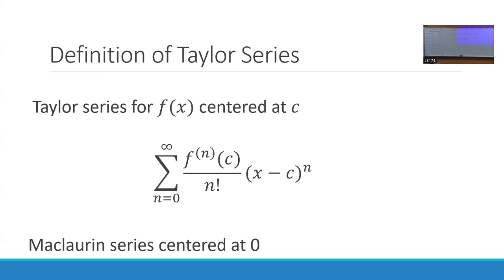And by the way, we call this Taylor series. It's called a Maclaurin series if we're centered at 0 still, just like Maclaurin polynomials were centered at 0. A Maclaurin series is a Taylor series centered at 0.